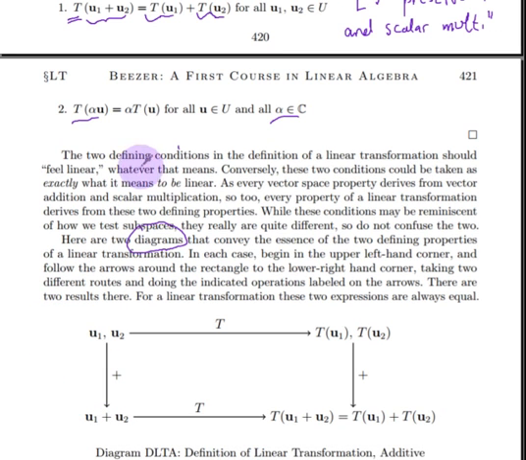Now in this diagram, we start out with u1 and u2, and we have the function plus that takes us to u1 plus u2. Now notice that all these vectors are in big U, so I can kind of divide this diagram into two parts. This part is in the U world, and the other part is in the big V world.